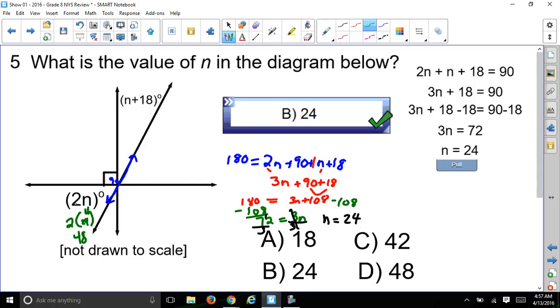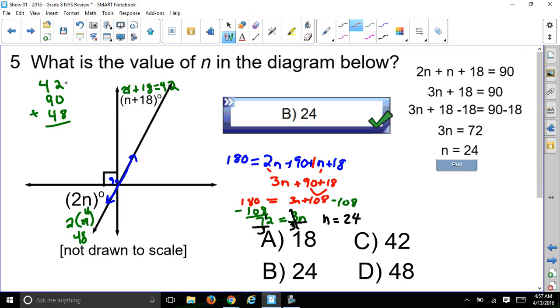So this angle down here is 48 degrees, and this angle up here is 24 plus 18, and that equals 42 degrees. I got the right angle, which is 90 degrees, and on the bottom I got 48 degrees. So I got to add all that stuff up, see if it adds up to 180.